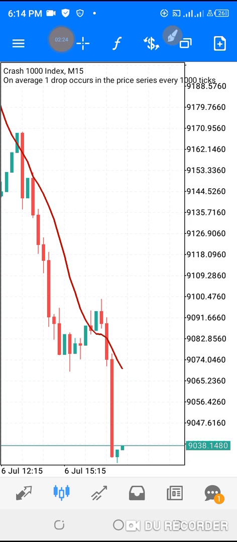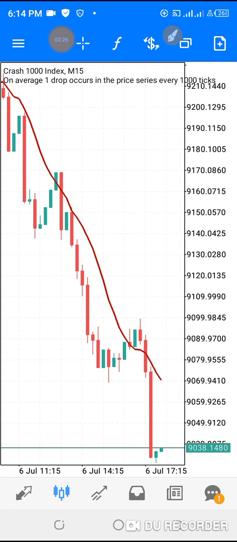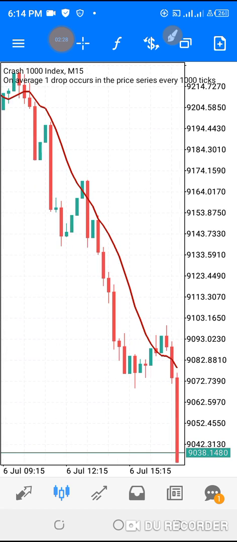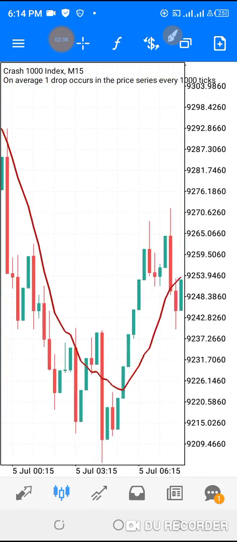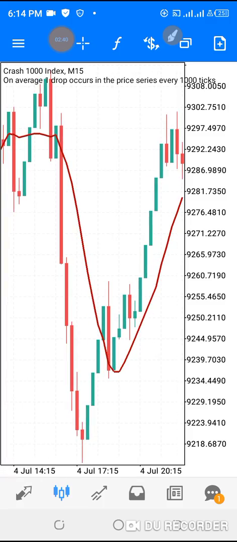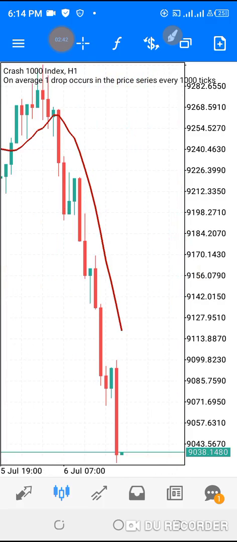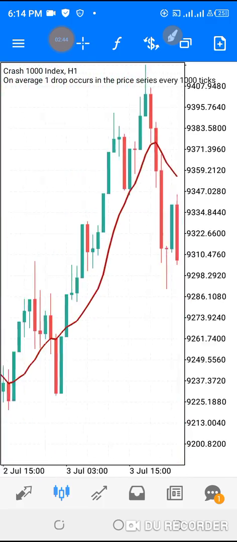So with this, if you're able to spot the trend, you'll be able to draw a line showing your higher high and your higher low for the uptrend. If we spot an uptrend, you need to be able to draw a line to indicate your higher high and your higher low in the market.